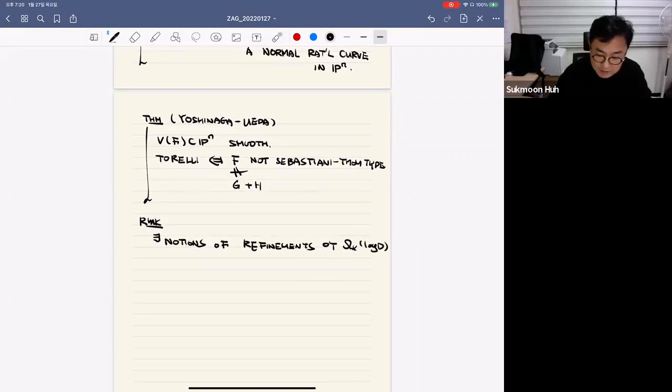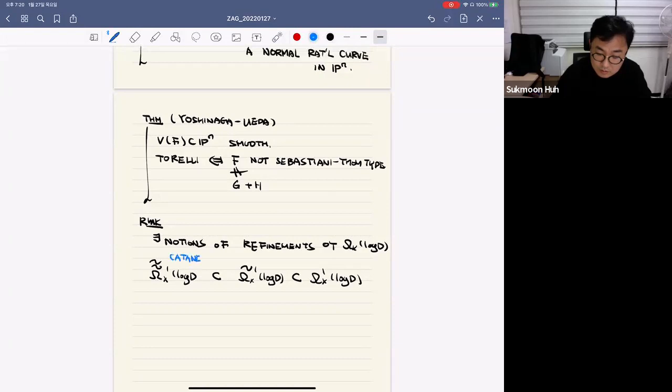I will denote them by Omega X tilde log D. And this is a subsheaf of the logarithmic sheaf by Deligne. And also there is another refinement, a subsheaf of this tilde one, say double tilde. The first one is by Fabrizio Catanese.